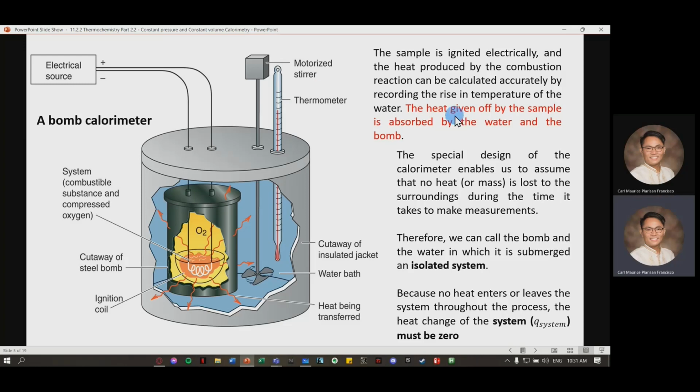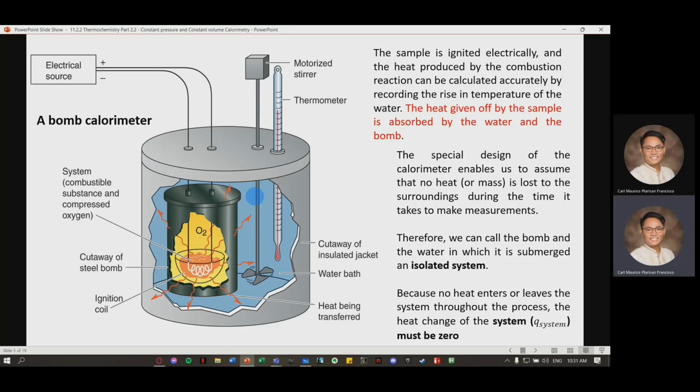The heat given off by the sample is absorbed by the water and the calorimeter itself. So water, the blue shade, that is the water. So the heat release will be absorbed by the water and by the calorimeter as well.